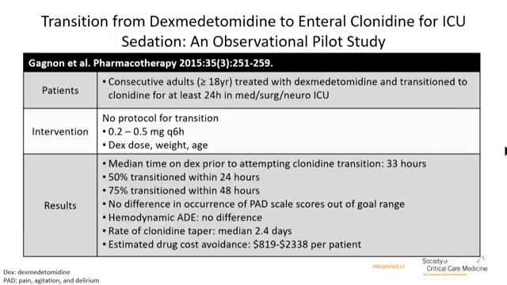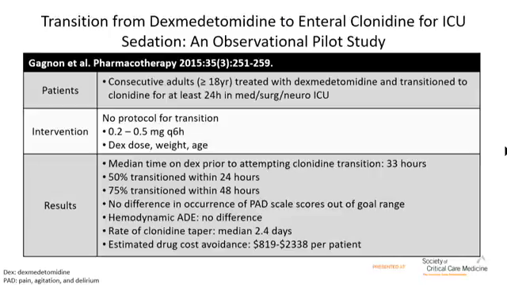And what these authors were able to show is that after around 33 hours, clinicians were ready to start transitioning patients to clonidine, with pretty successful transition achieved within 48 hours of starting. There was no difference in occurrence of pain, agitation, and delirium scale scores that were out of the goal range during any time in their transition, as well as, probably one of the biggest things that I wanted to see, no difference in hemodynamic adverse effects in patients.